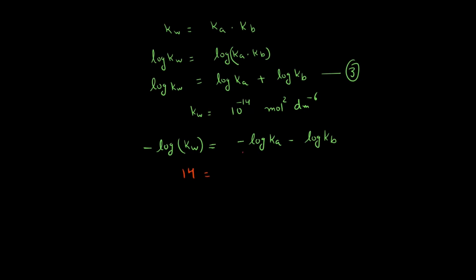And what is minus log Ka? That is pKa. And what is minus log Kb? That is pKb. So we got a relationship pKa plus pKb equals 14.